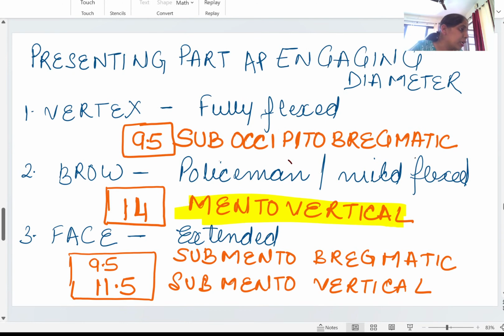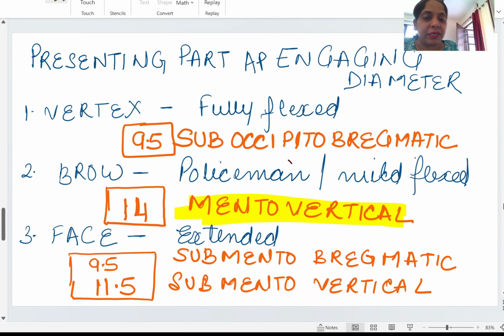If it is a well flexed head, then the diameter size is 9.5 centimeter.